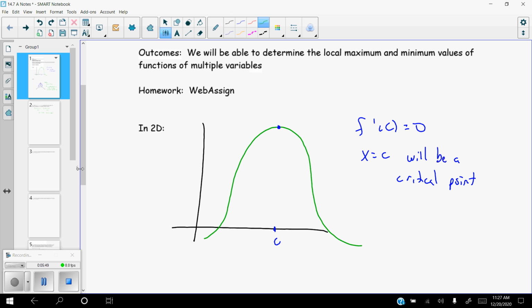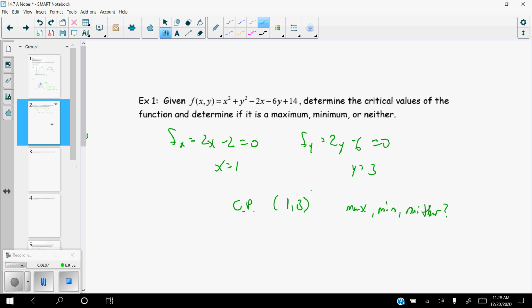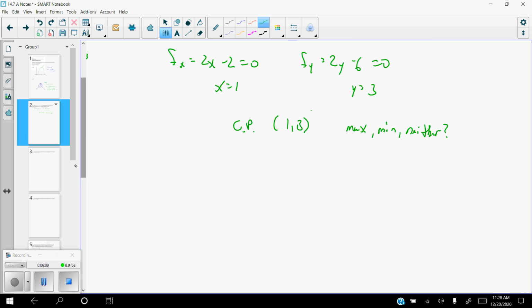You could tell it by the second derivative. We know that this point right here was a critical value or a critical point, and because it was concave down, it is a maximum. If it was concave up and you had a critical value, then you know it would have to be a minimum. Similar kind of idea here. In order to do this, we need to use the second derivative test.